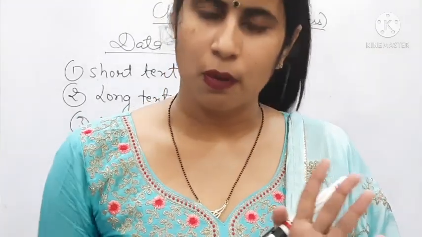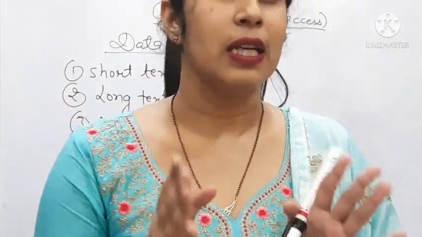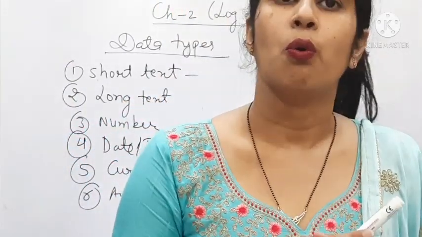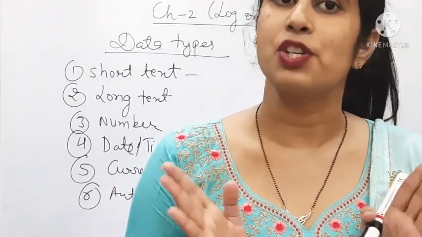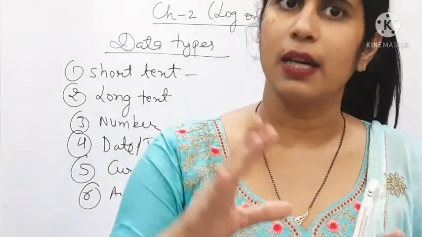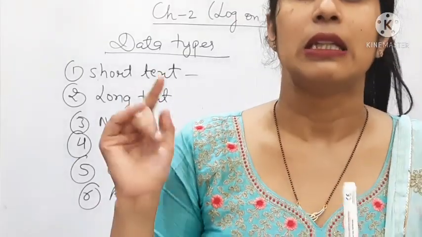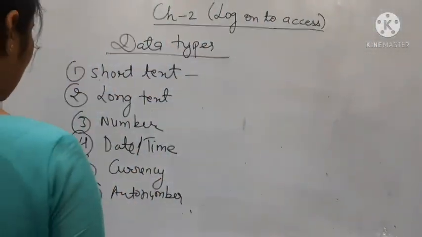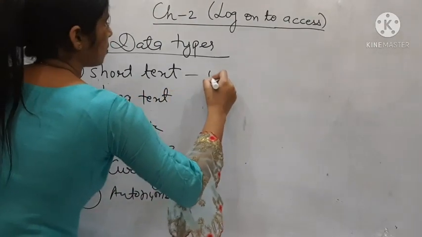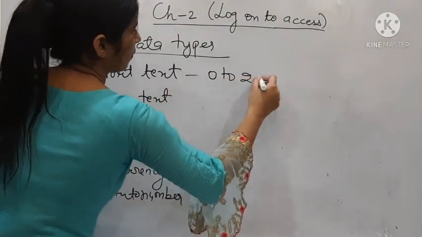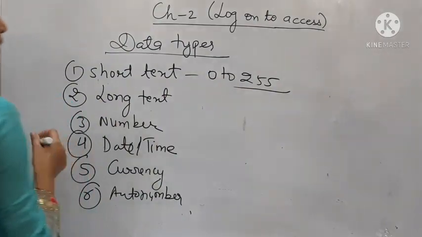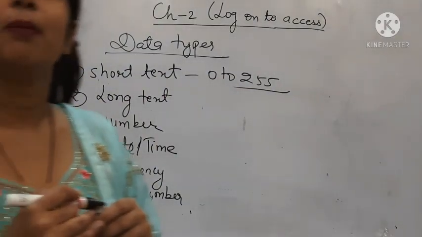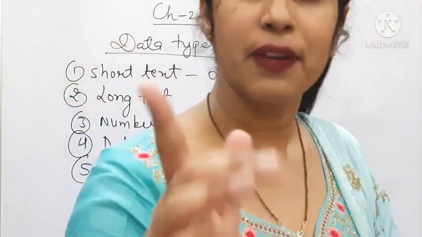Some field names are very short, so here we have to use this short text data type, which includes the characters up to 255 characters. The limit is up to 255 characters.